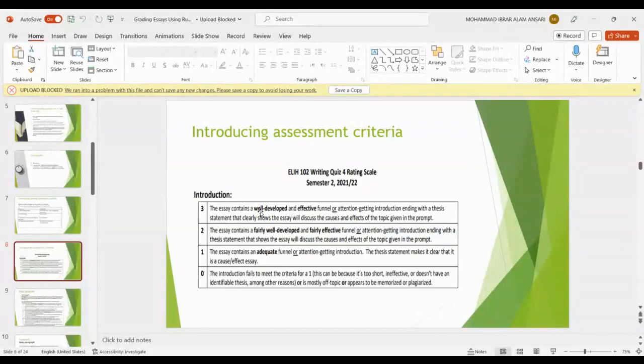So it's very important to keep the rating scale in front of you while grading the paper. You look at the performance of a student and you match it against the performance statement or descriptor of a particular band, and then you allocate a particular score.